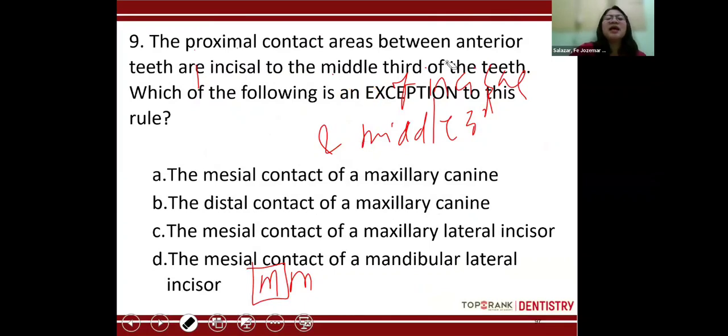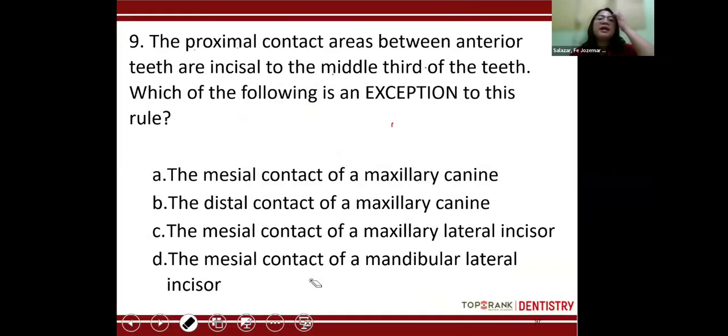We can't read it anymore. The proximal contact areas of anterior teeth are incisal to the middle third of the teeth. Incisal to the middle third of the teeth. Anteriors, okay. Meaning, the central, lateral, and canine are incisal. Someone asked: for the maxillary posterior, is the middle third contact more occlusal? Yes, in all teeth.